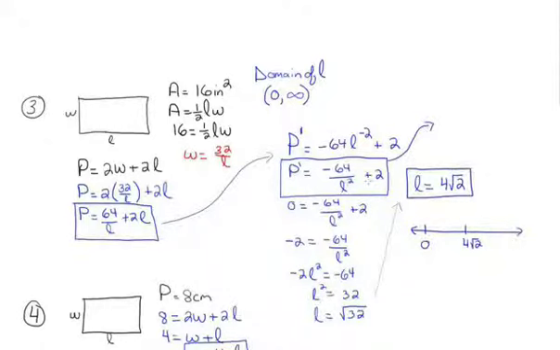Getting a little messy here, I apologize. I need a common denominator, so he's going to get the L squared over L squared. So I get negative 64 plus 2L squared over L squared. That's my derivative. So now when I plug in a number like 1, I see that the top is going to be 1 squared. I'm going to get negative over positive is negative.